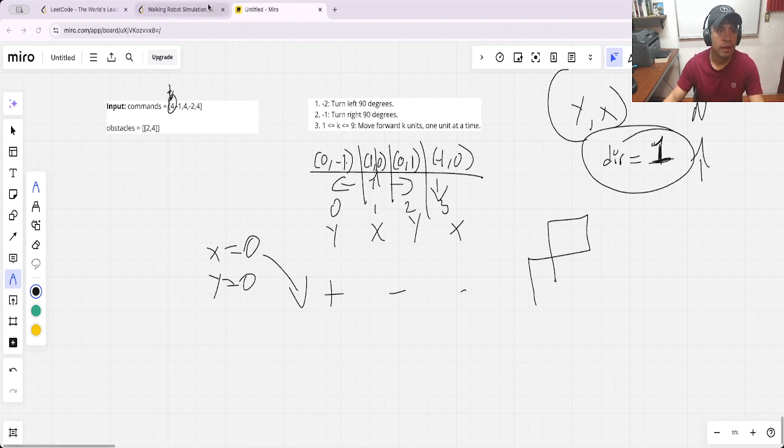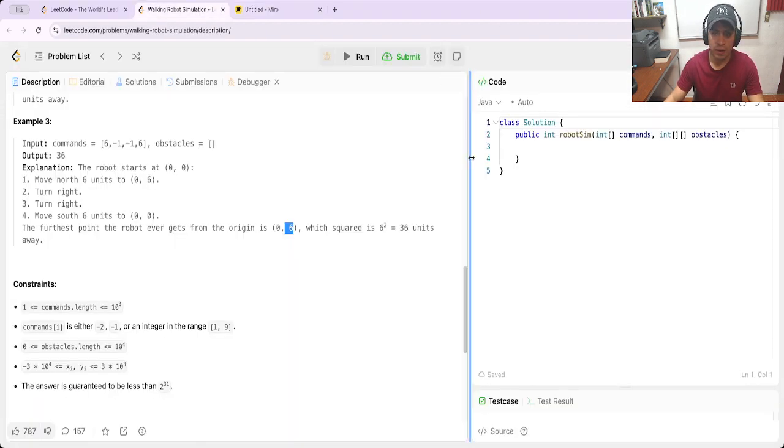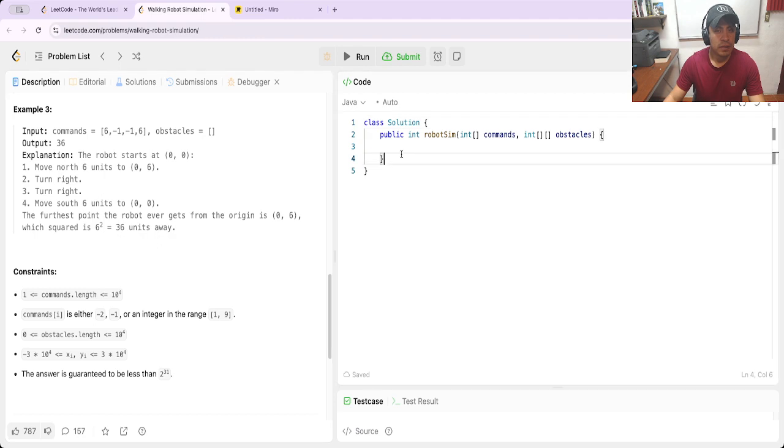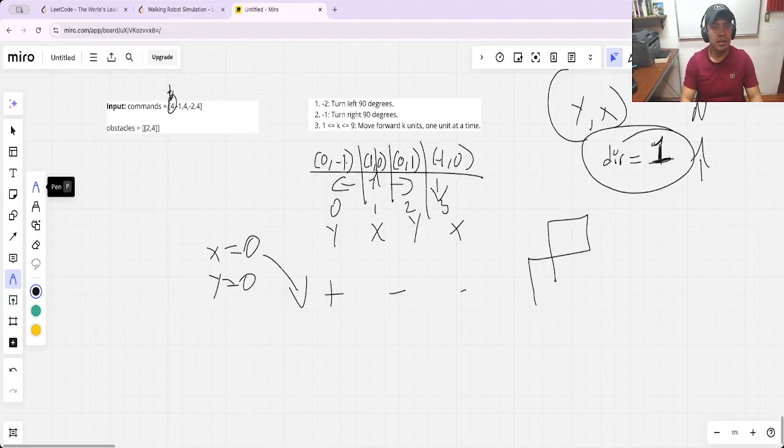Yeah, because for example here, integer x is equal 0, integer y is equal 0, and I'm not sure if it's necessary these values.